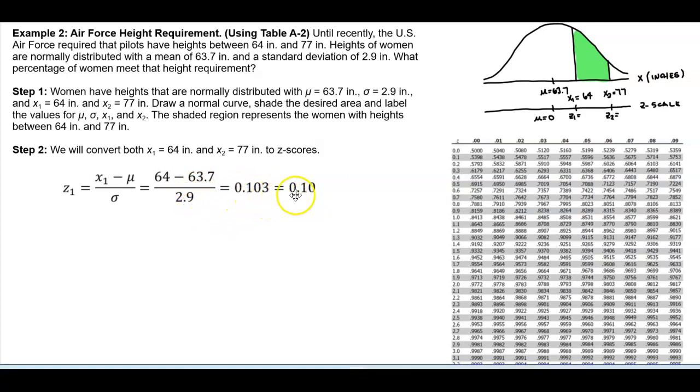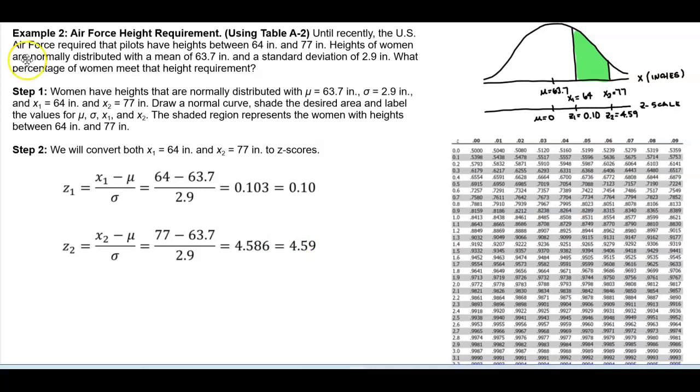Rounded to two decimal places, z1 is 0.10. Now we want to find z2. We take x2, which is 77, subtract 63.7, and divide by the standard deviation of 2.9. That gives us 4.586, and rounding to two decimal places gives us 4.59.